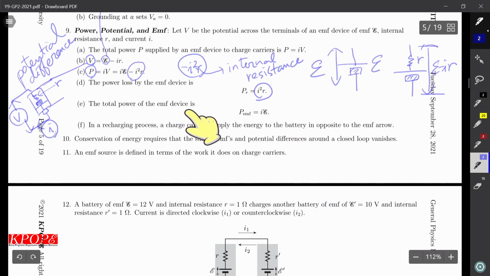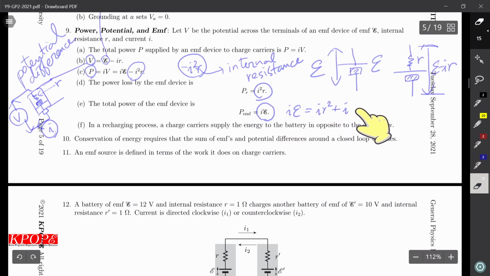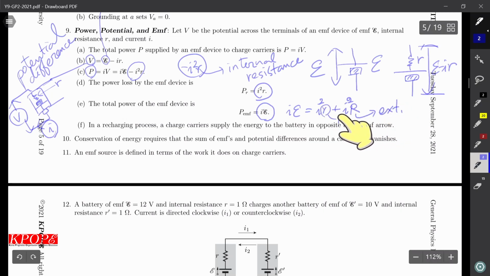And the total power of the EMF device is this one. And so EI is the sum of I squared r plus I squared capital R. This is the internal resistance and this is the external resistor.